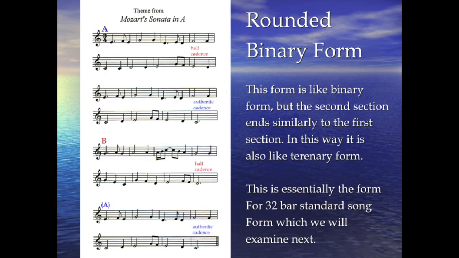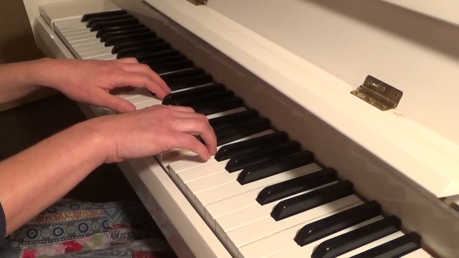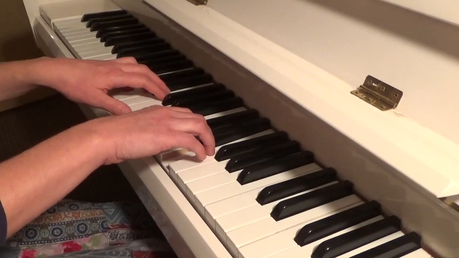And then we actually have a form that's somewhere in between binary and ternary. It's actually a two-part form, but the B section starts as a contrast and then kind of rounds itself off by restating A. So here's a beautiful little example by Mozart. We have A, this is our A section.